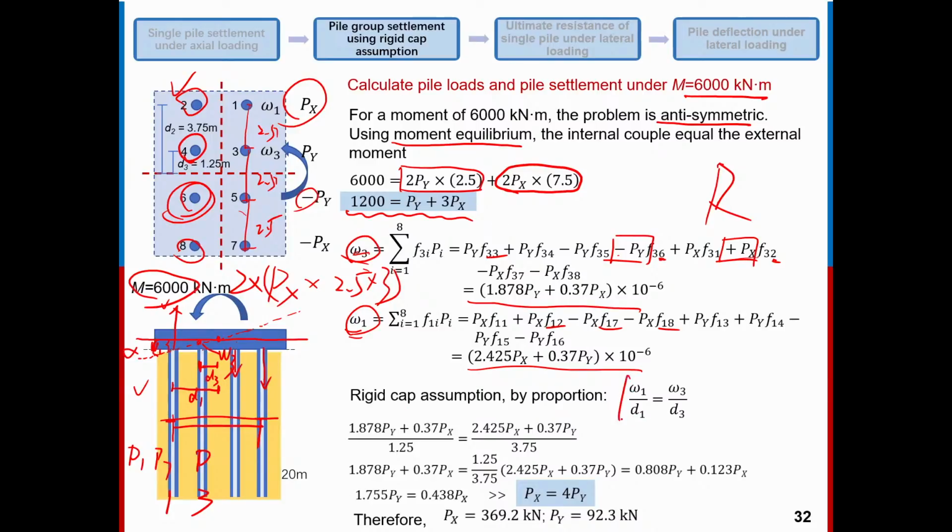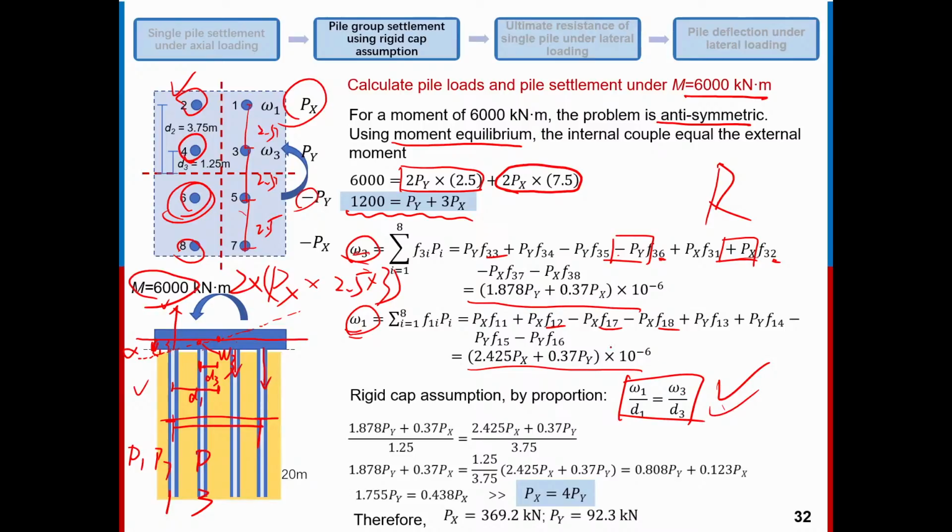So you can see we get this equation here because this is the rigid cap. After rotation, we have this proportional relationship: omega 1 divided by D1 is equal to omega 3 divided by D3.